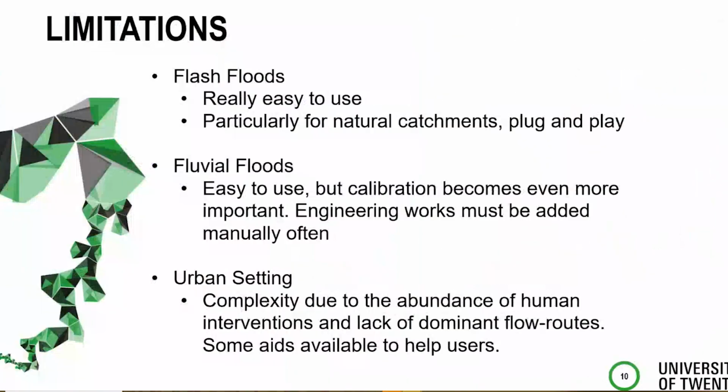Now, I showed you a lot. There are of course some limitations here. We think this is really cool, but you have to keep in mind there are always limitations and drawbacks to methods. For FastFlood, it's really easy to use. In particular, for natural catchments, it's plug and play. It's nearly always really accurate.